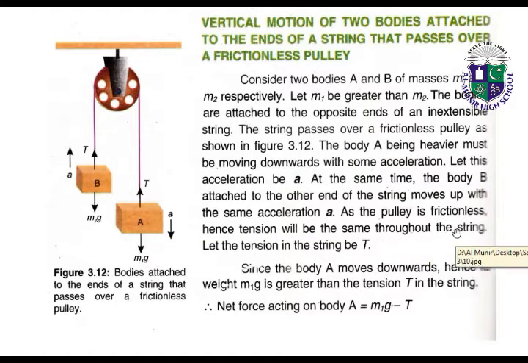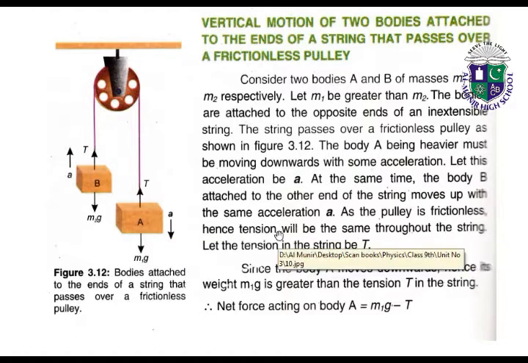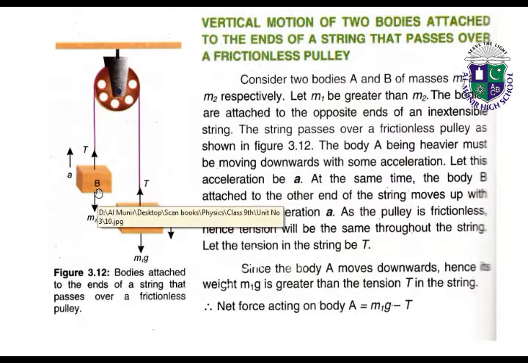As the pulley is frictionless, the tension will be the same throughout the string. Let T be the tension in the string. Because of body A and body B, masses m1 and m2, it is showing tension in the string because of the frictionless pulley.